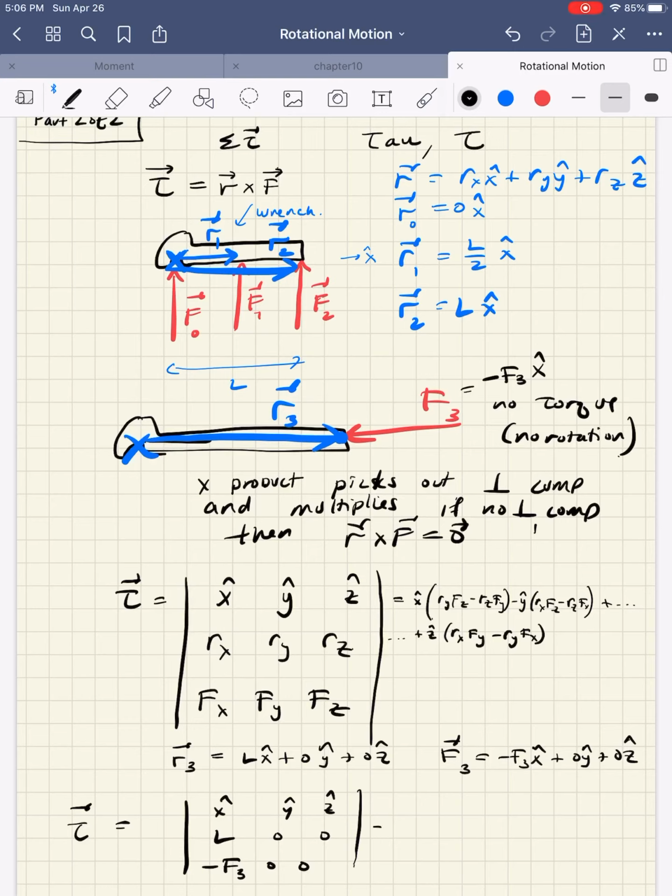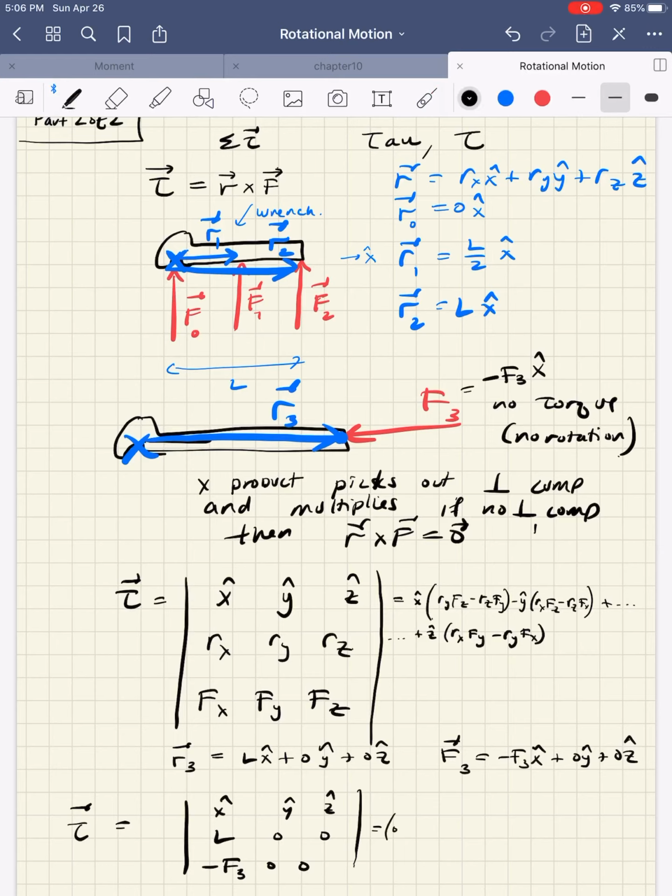Honestly, the only components that would come out of this are something with an R sub x and an F sub x. So here's an R sub x, an F sub x, an R sub x, and an F sub x, but everything else multiplying it is 0.